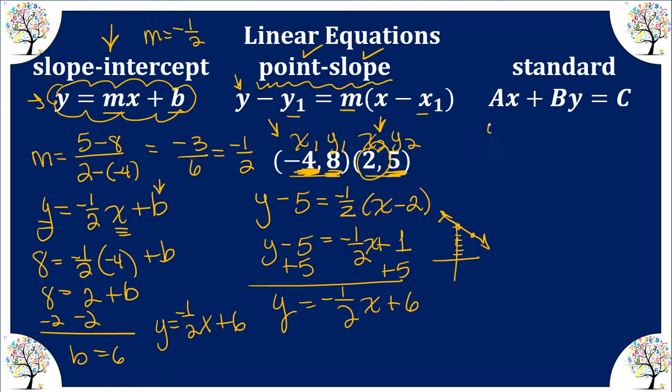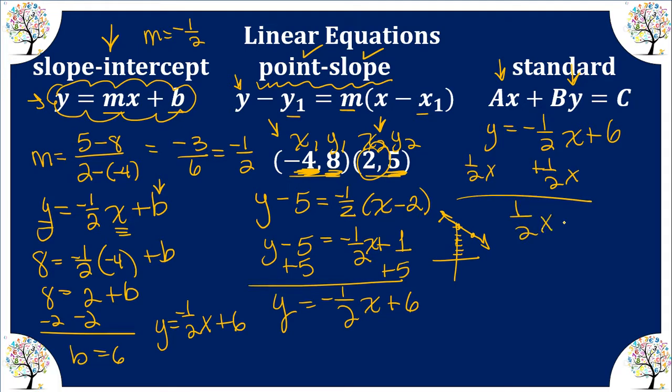Now I want to take y equals negative 1/2 x plus 6 just to remind ourselves how to write in standard form if you are asked. So both of our x and y terms need to be on the left side or the same side. I'm going to add 1/2 x and we get 1/2 x plus 1y equals 6.